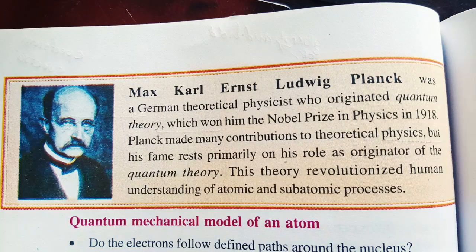Max Carl Ernst Ludwig Planck was a German theoretical physicist who originated quantum theory, which won him the Nobel Prize in Physics in 1918. Planck made many contributions to theoretical physics, but his fame rests primarily on his role as originator of quantum theory.